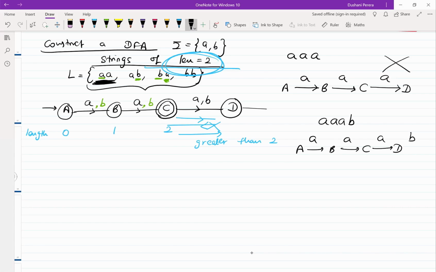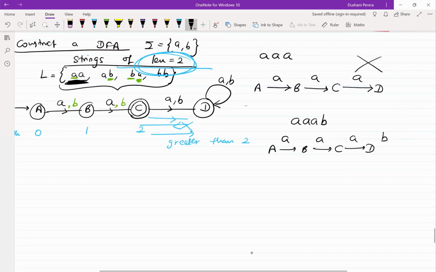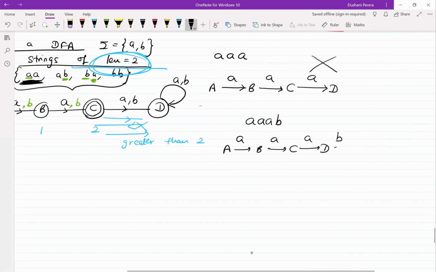So what do I do? Should I add another state here? No, because if I do that, it will go on forever. Since nobody beyond this is accepted, what I do is put a loop here on D. After that particular place, anybody who comes after is rejected. So if B comes here, again I'm at D, rejected. If A comes, again I'm at D, rejected. So these will be rejected.